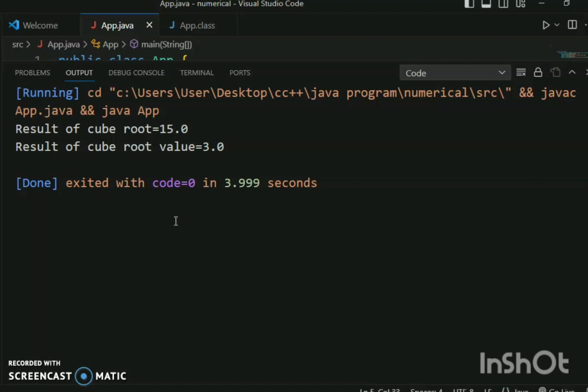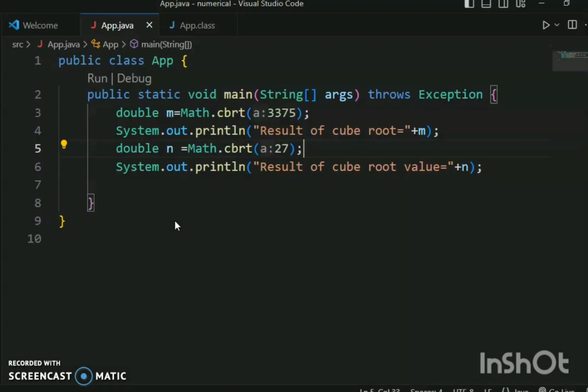Now we will go to another mathematical library. You have to remember that the syntax is return data type, variable is equal to function name, and then you can write argument 1, argument 2.